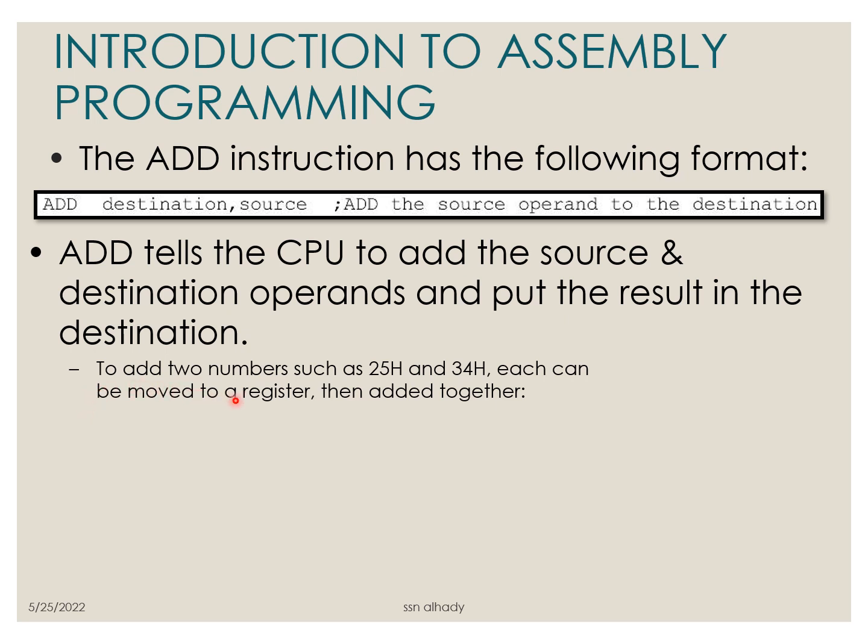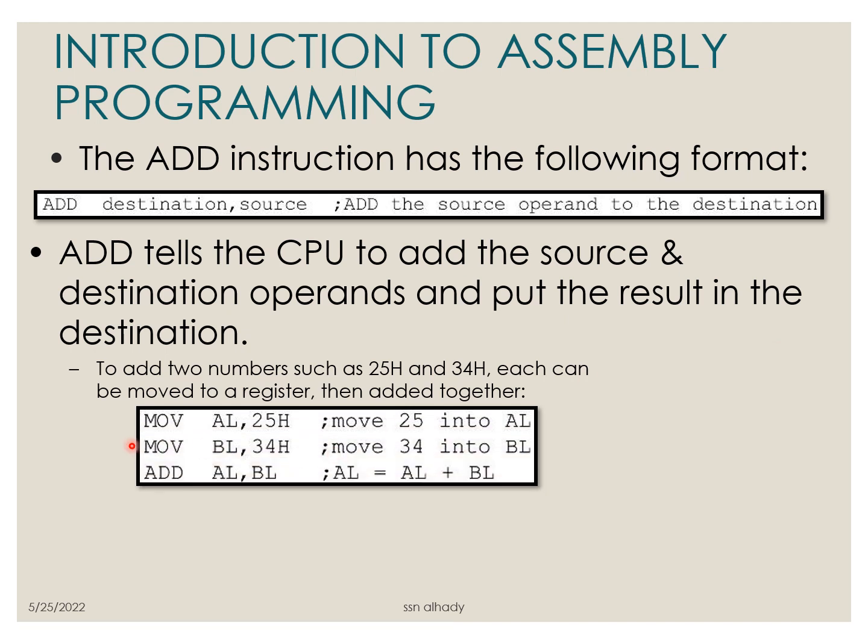To add two numbers such as 25 and 34H, each can be moved to a register, then added together. What you can do is put 25 first in AL and then put the second number, 34 hex, in BL, and then you can add them together, where the result will be in AL, the first operand, and BL will remain unchanged.